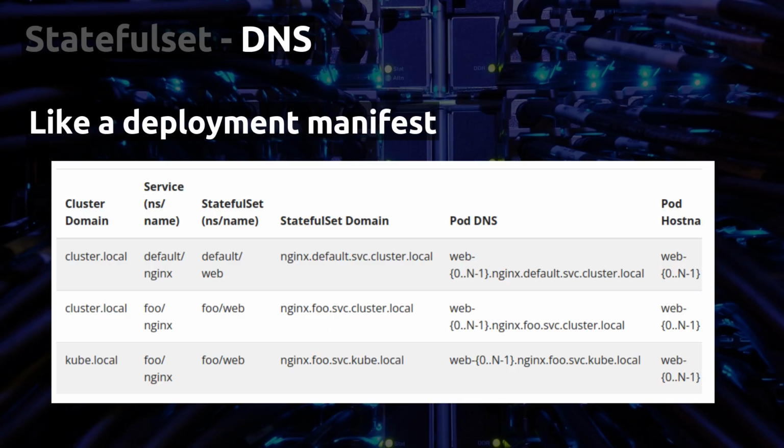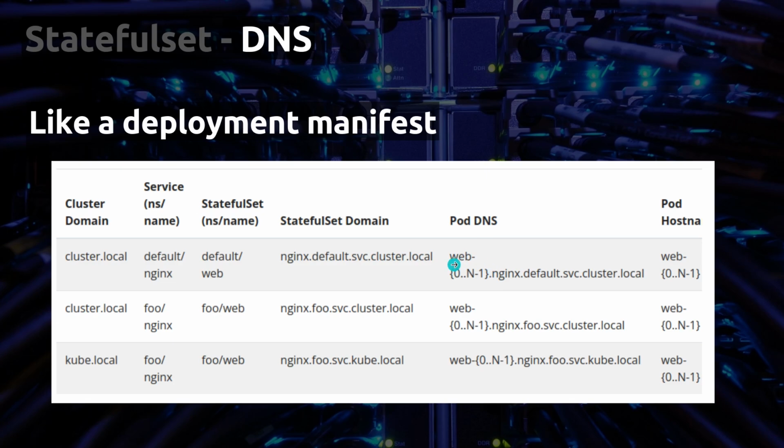The internal DNS: on the left it's the classical thing, so you have the StatefulSet domain and the service domain. But on the right you have the pod DNS, which is new for us. It's a DNS entry specific for each pod.